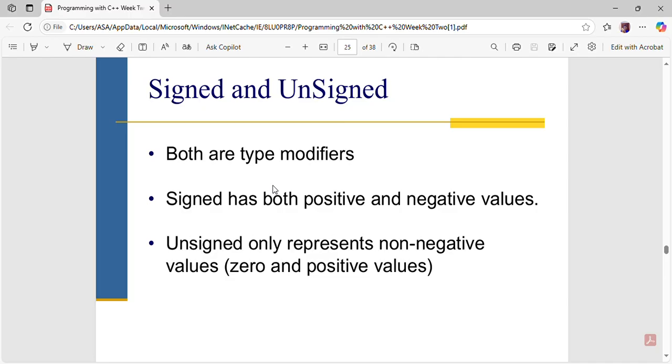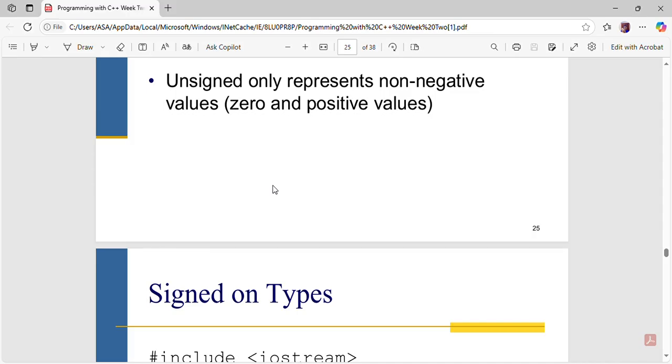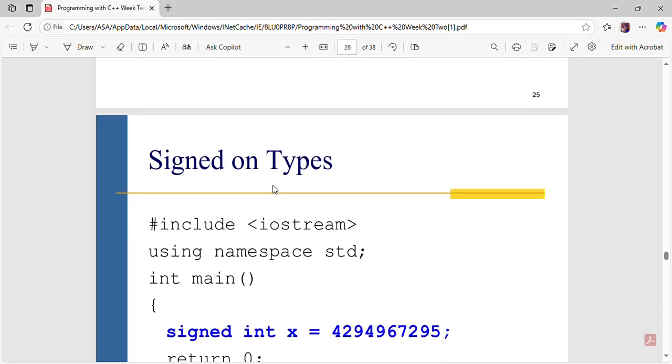Unsigned only represents non-negative values, that's 0 and positive values. Yes, so know the difference: the signed has both positive and negative values, meanwhile the unsigned represents non-negative values, that's 0 and positive values only.